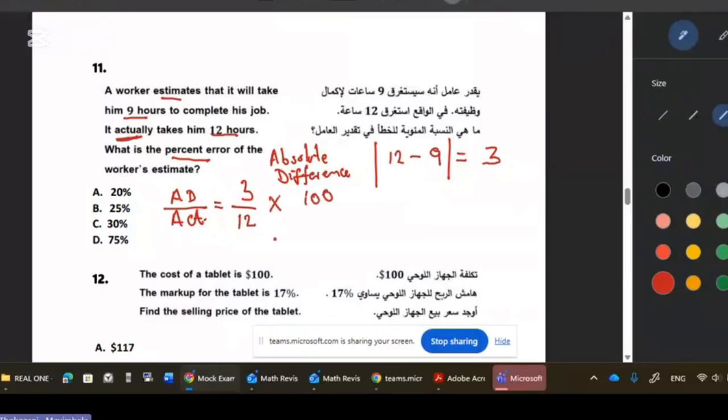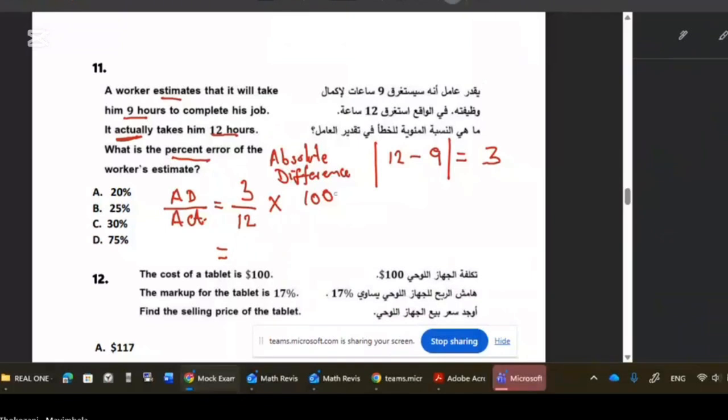Who can tell me why we multiply by 100? Why are we multiplying by 100? Because they want the percent. Because the percent is 100. Yes, because they're looking for a percent. Now someone can say 3 times 100, they get 300 divided by 12, and then they will get their answer, right?